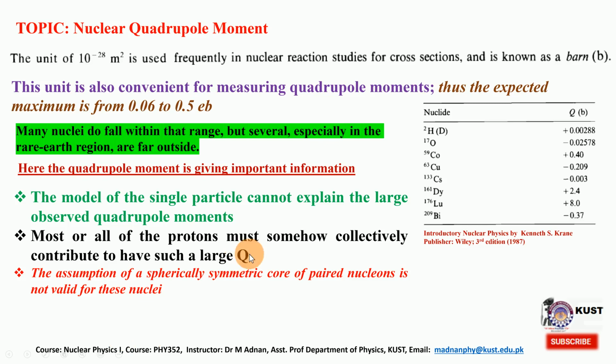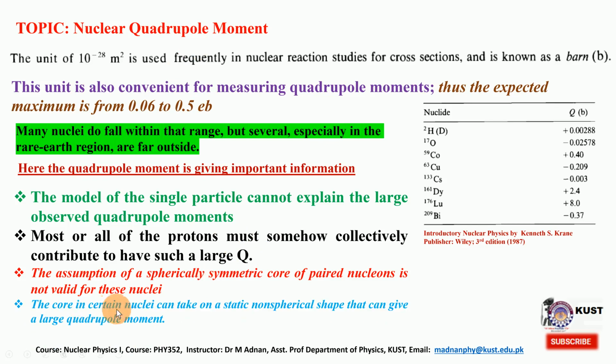Now you need to remember the quadrupole moment arises due to the deviation from spherical symmetry of charges. The core in certain nuclei can take on static non-spherical shapes, and that can give a large quadrupole moment.